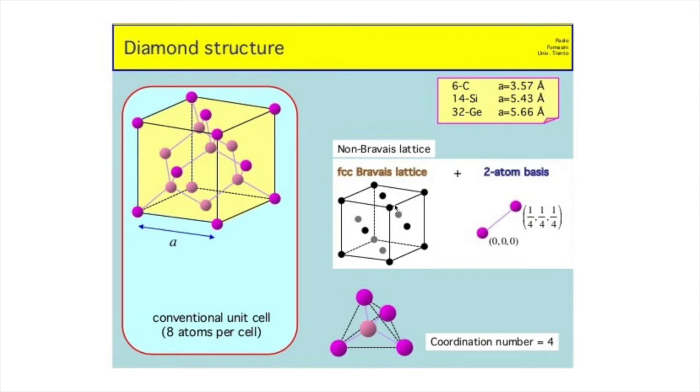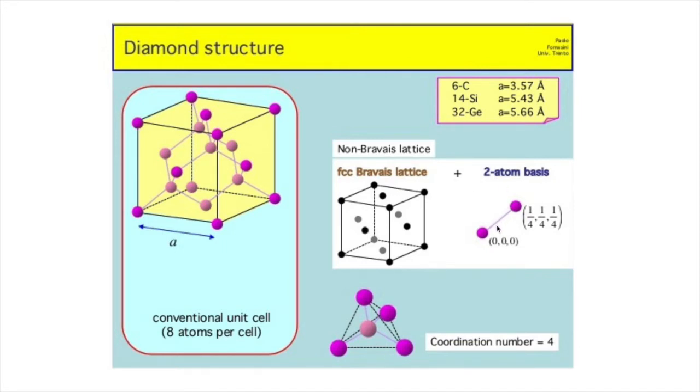So what we do is we take the FCC lattice, where we have points on the corners and also the face positions, and for each one of those points we have a 2-atom motif. So instead of putting 1 atom per point, we're actually putting 2. And so that's the important part here.